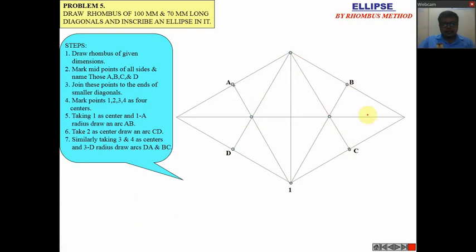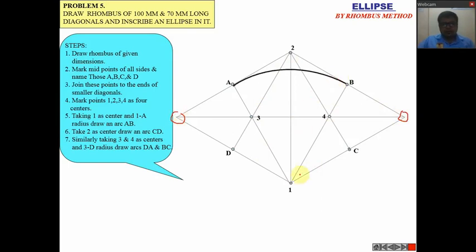Then indicate these as 1, 2, this will be 3 and this will be 4. Now why are we indicating these as 1, 2, 3, 4, and why have we not considered these 2 points? Because the bigger diagonal in the rhombus method is not that useful.